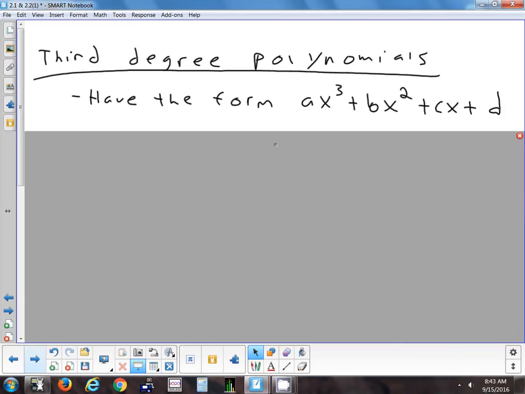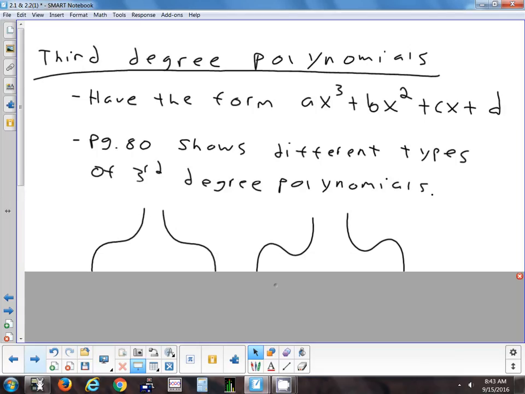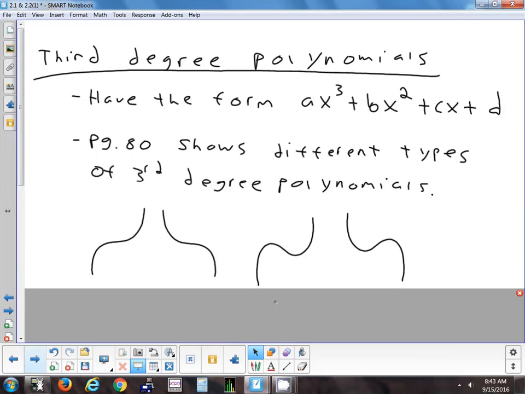So let's look in a little more detail at third degree polynomials. Degree 3 polynomials have the form ax cubed plus bx squared plus cx plus d. A, B, C, and D can be any real numbers that you want. They cannot be imaginary.